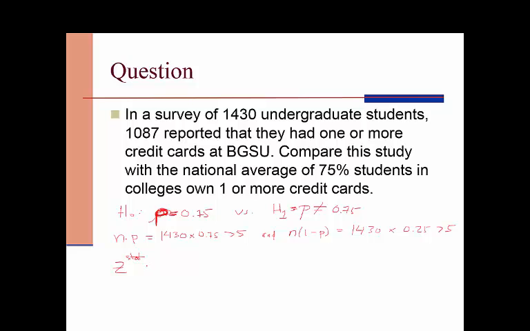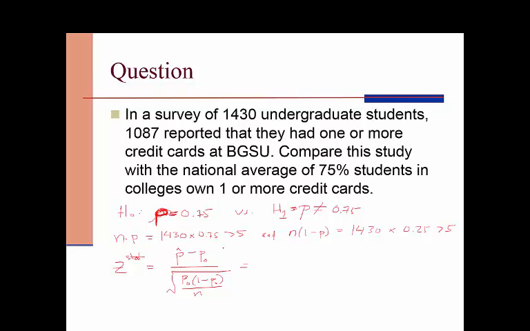So now you find the z stat, and that is p hat minus p naught divided by square root of p naught times 1 minus p naught over n. Right?